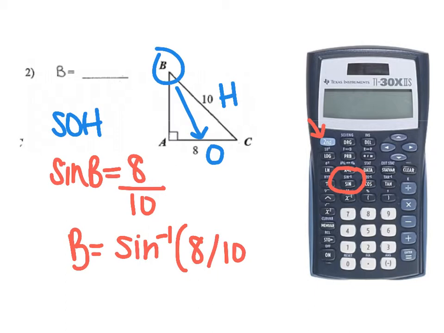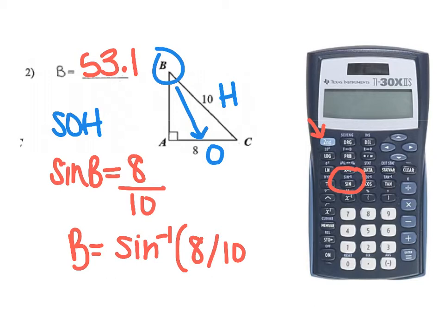You can, but you don't have to. So if you hit second sine, 8 divided by 10 equals, you get 53.13010235. So again, round to whatever you're told to. I'm going to round to 1 decimal place for now. So we're going to have 53.1.